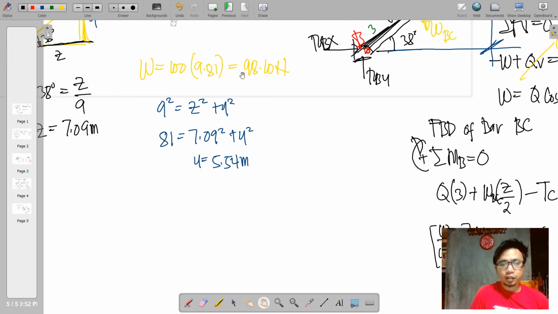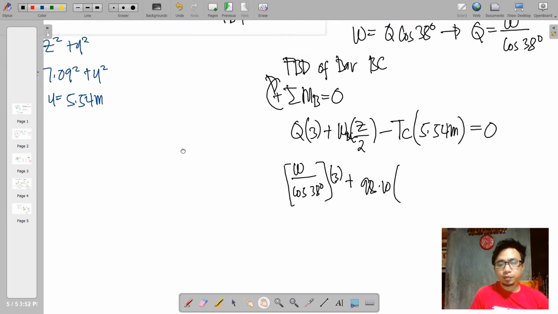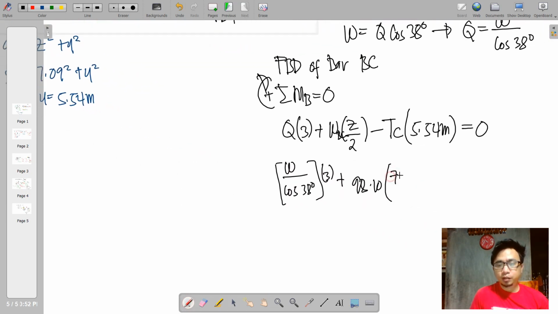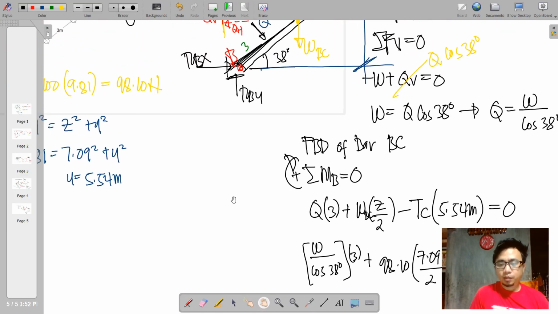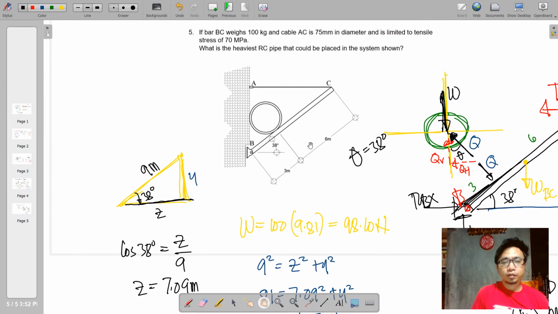Here it is 98.1, and then 7.09 all over 2, minus TC. So TC, we can derive out of the given stress limit equal to 70 megapascal. Take note that the cable is 75 millimeter in diameter, having an allowable stress of 70 megapascal.